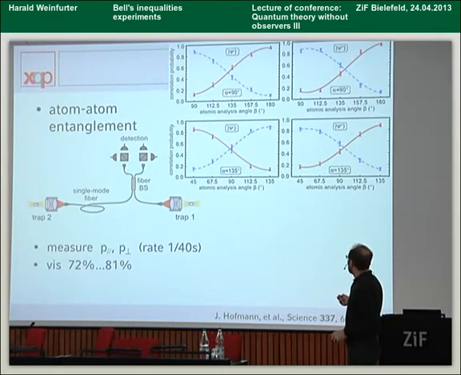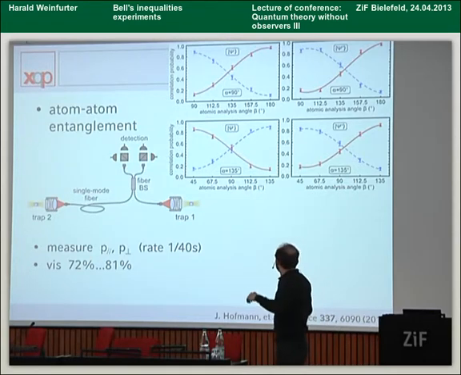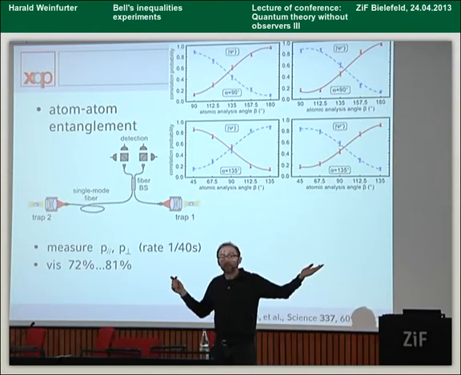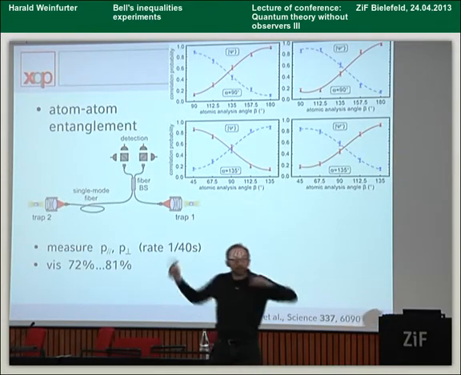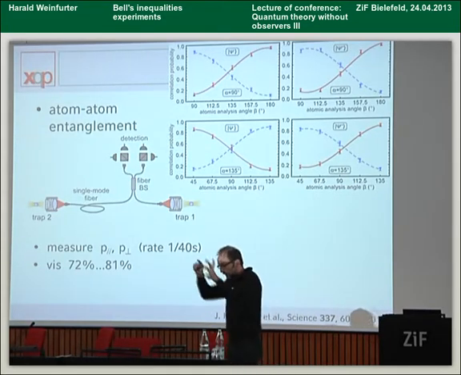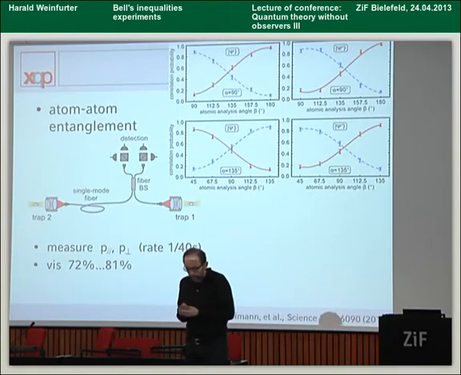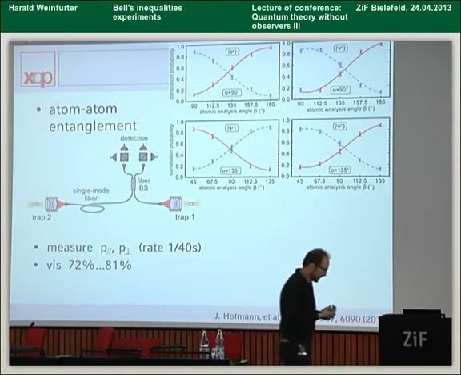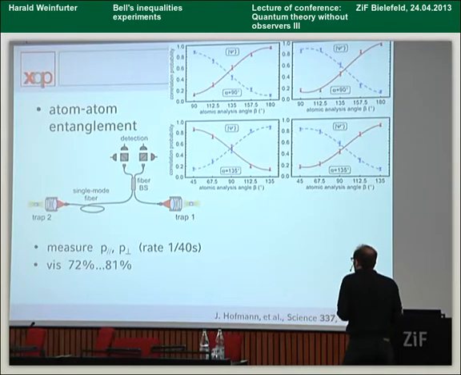And then what you see here is, if we analyze the atom in trap A, so that's angle alpha, say at 90 degrees, then we see perfect anticorrelation if we analyze the atom B also at 90 degrees, and vice versa. This is for the two different Bell states that we can analyze with this two-photon interference.